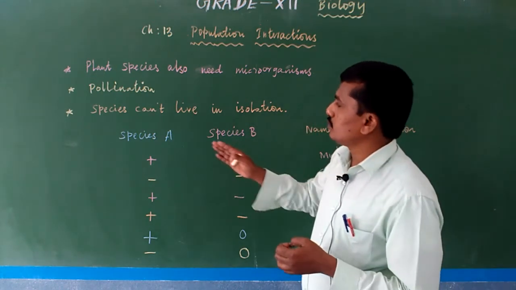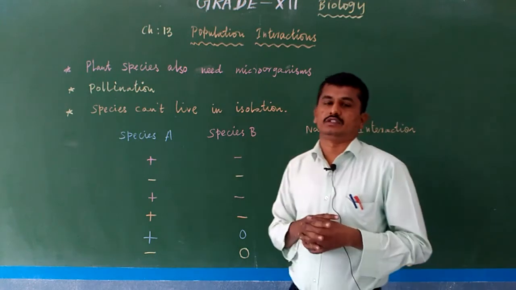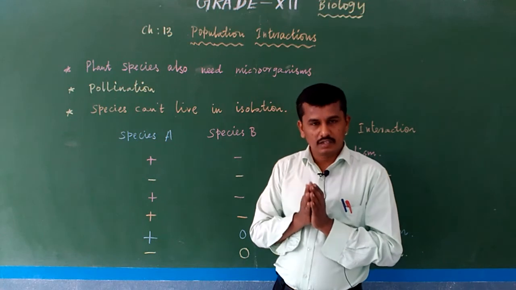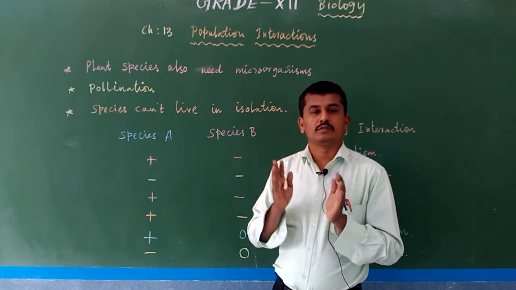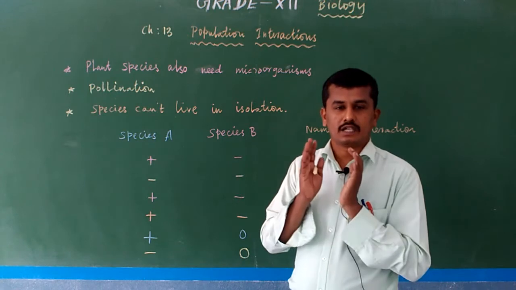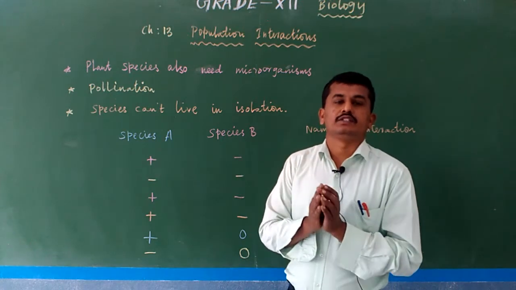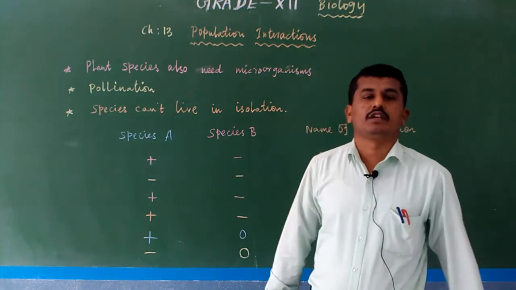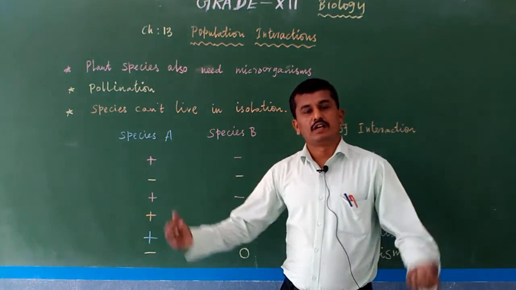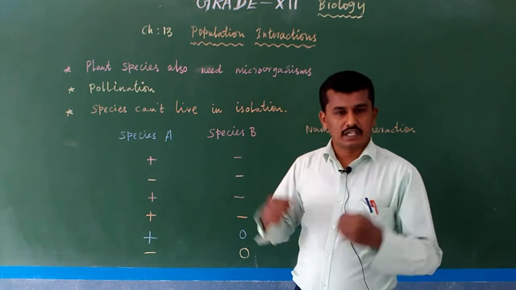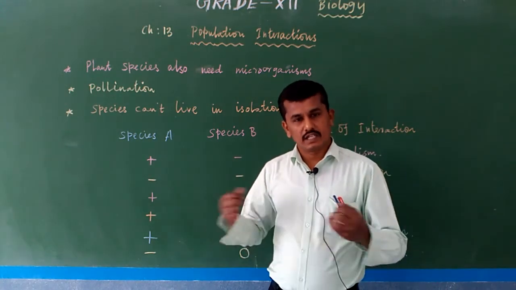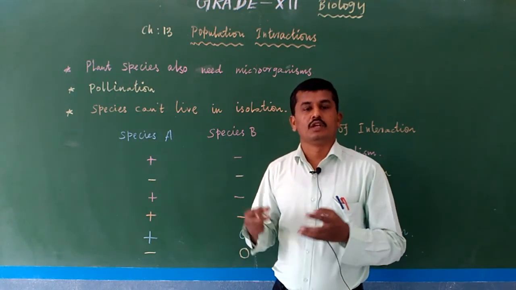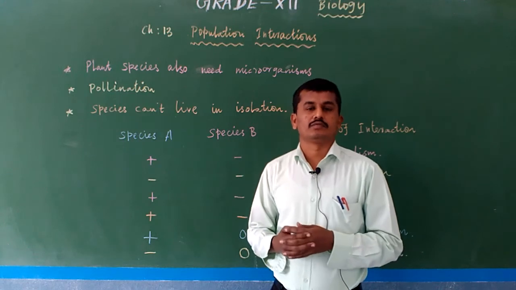Okay. So, a single species can't live in isolation in the environment, in the natural habitat. A single species is not present in an isolated manner. Compulsorily, one group of population is dependent on another group of population for their survival, for getting energy, oxygen, carbon dioxide, and various substances, microbes, inorganic substances, organic substances.